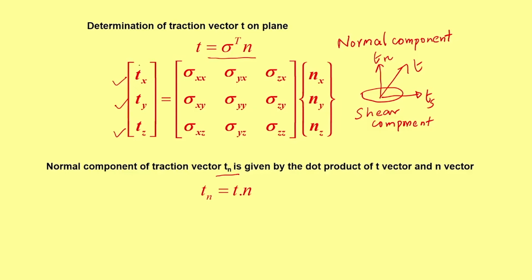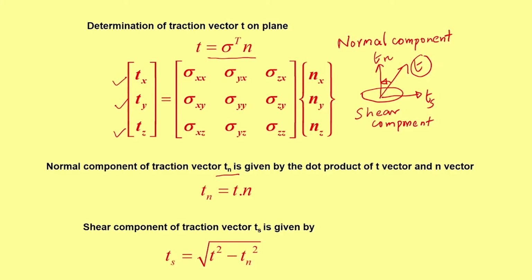Why? Because the normal is known, and when you take the dot product, it is the same projection law that we already know. The traction vector is projected onto the normal, so the dot product of the traction vector and the normal vector gives the normal component of the traction vector.